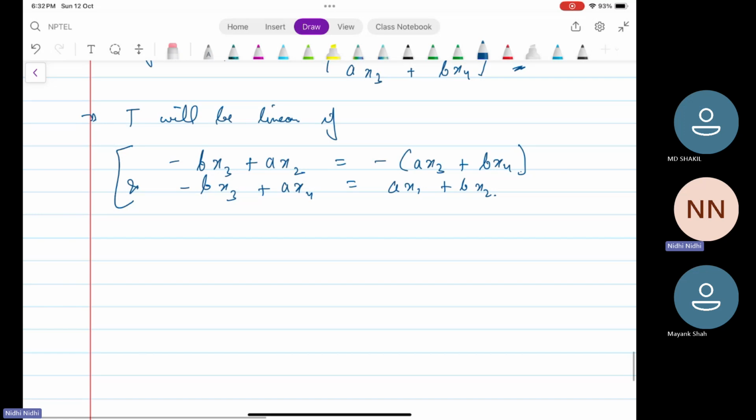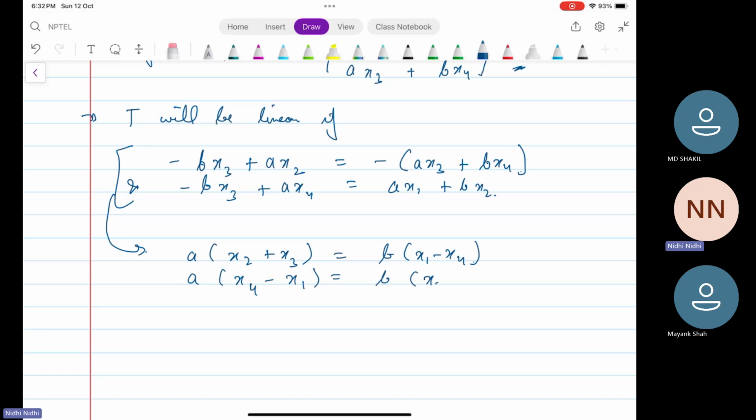From here, you'll get that a times x2 plus x3 is equal to b times x1 minus x4, and a times x4 minus x1 is equal to b times x2 plus x3.